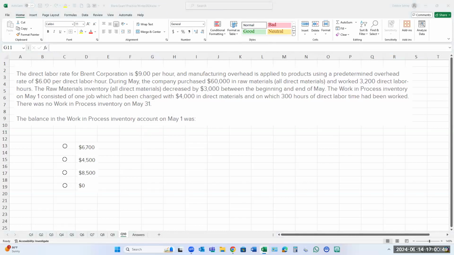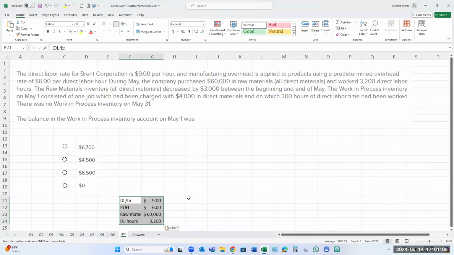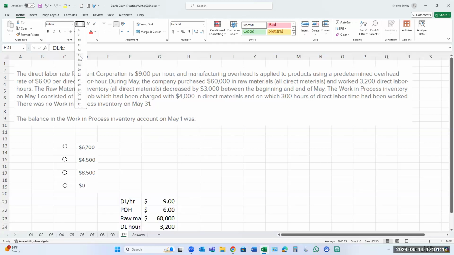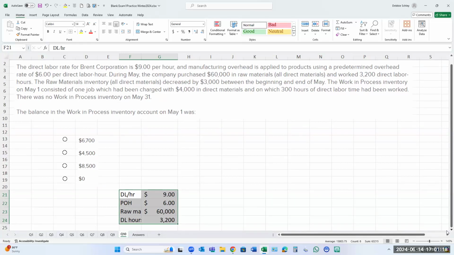Question 10. Okay, they give me direct labor rate for Brent Corporation. Okay, total direct labor rate for the Brent Corporation is $9 an hour.